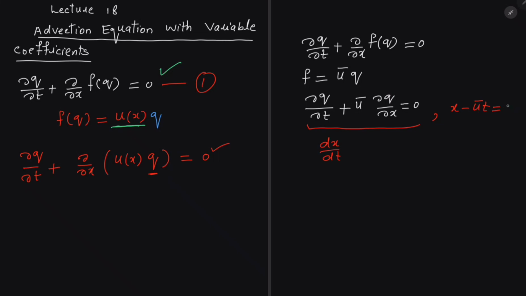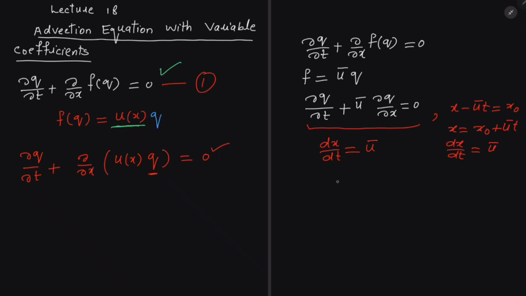If this constant is x naught, then x is equal to x naught plus u bar t, and if we differentiate, dx by dt is equal to u bar. So the characteristics you can get from this equation.